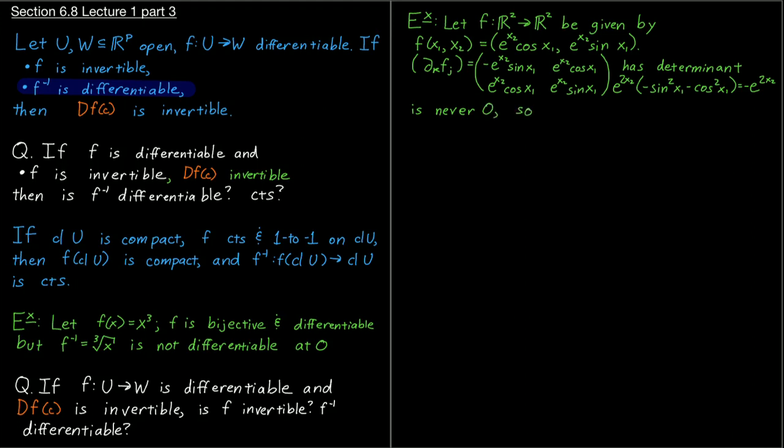And this matrix is always continuous, so we know that df of x1, x2 is always given by multiplication by this matrix, and that is always invertible. But let me go ahead and draw some pictures for you.